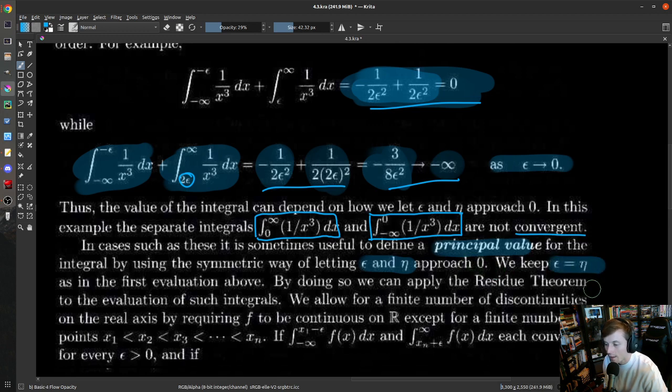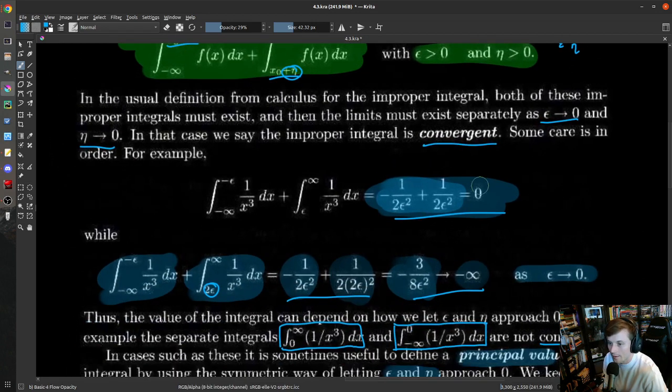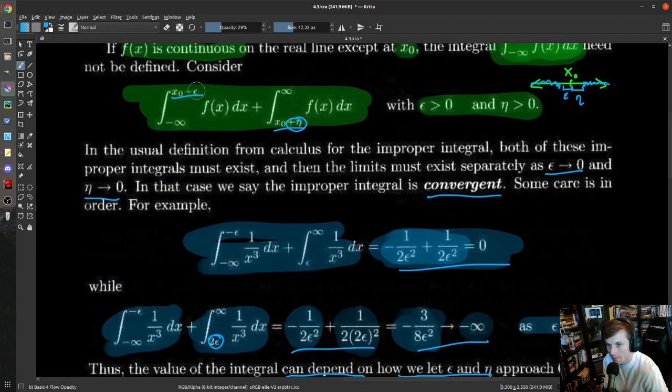So if we take eta equal to epsilon and do the evaluation as above, then it turns out we can apply the residue theorem. Okay, so this is exactly like what we have here. If we set eta and epsilon equal, like up in this business right there, you're sitting in this situation. I made that look kind of messy, but notice you'd get out this guy.